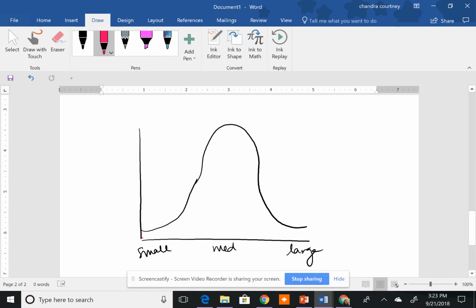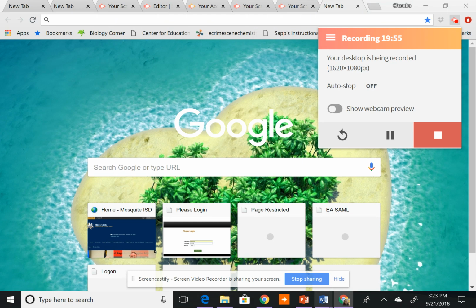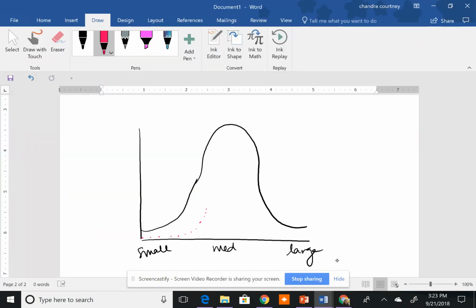This one's going to look like this. Okay, so that one's stabilizing.